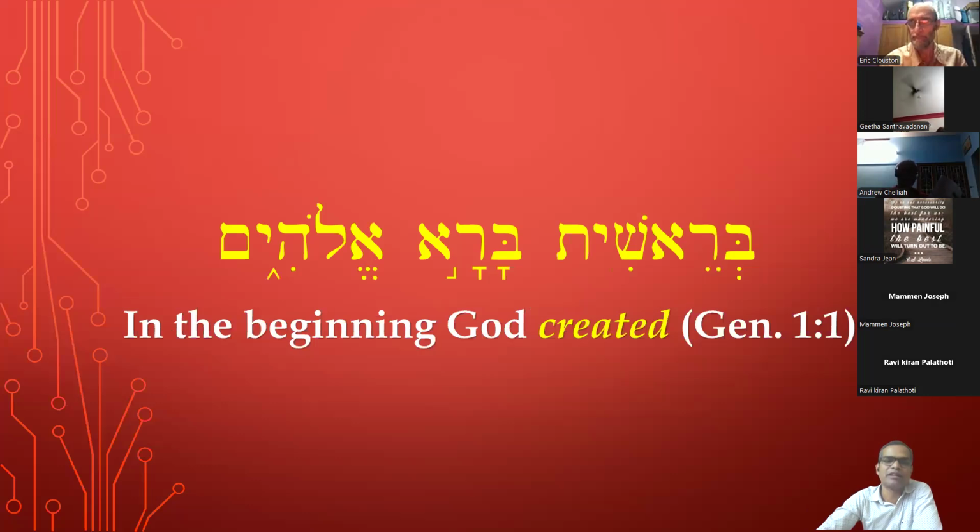So which is the verb here? Sir, in English, created. Sir, this Bara. Okay, very good. Bara is the verb. So how will we parse that? Qatal, qatala, qatalta. Which category does this fit under?